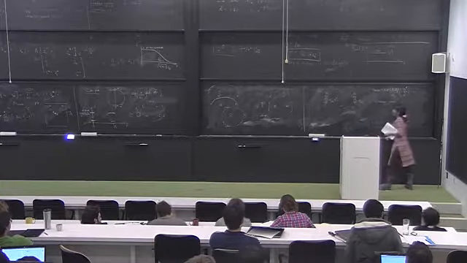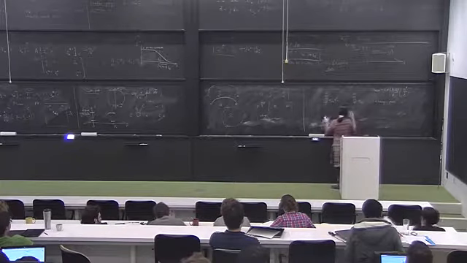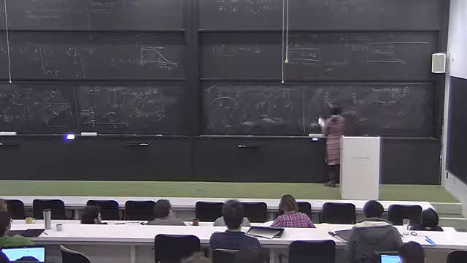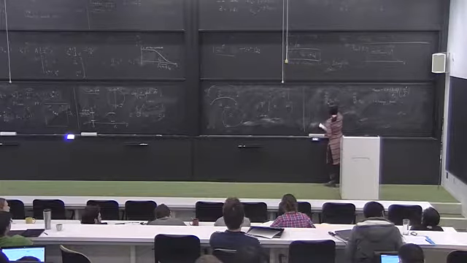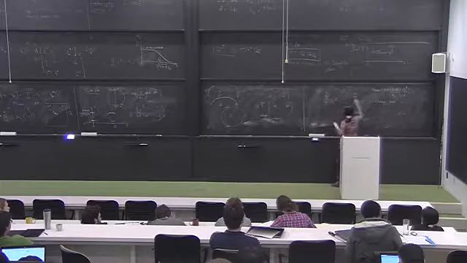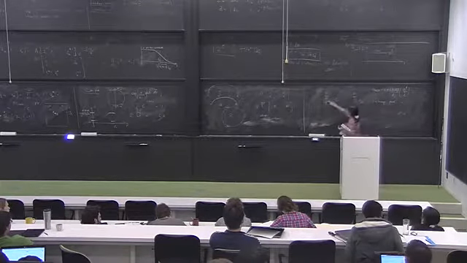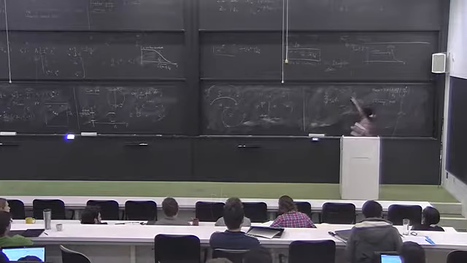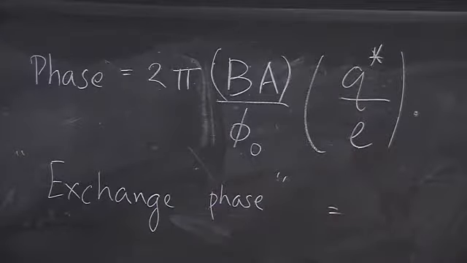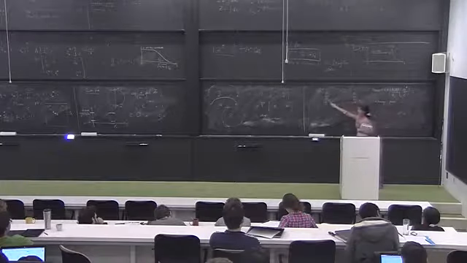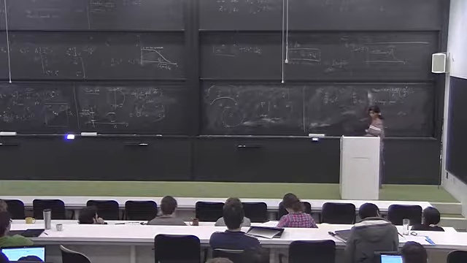To see that there's a second contribution, note that instead of keeping this one fixed and drawing the trajectory of this in time, if I move to the frame of reference of this particle, it will look to me like this particle is going around, right?